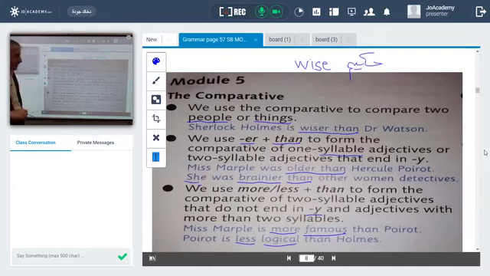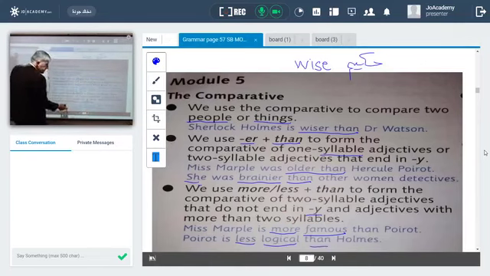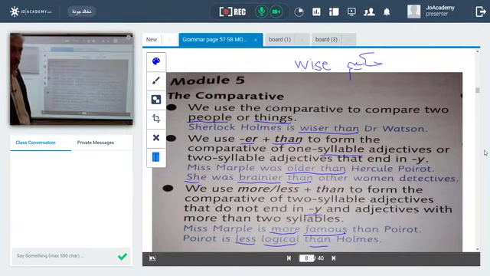So we added less. So if it is positive, we put more. And if it is negative, we add less. If I want to reduce, I say less. If I want to make it more, or positive, I add more before the adjective.